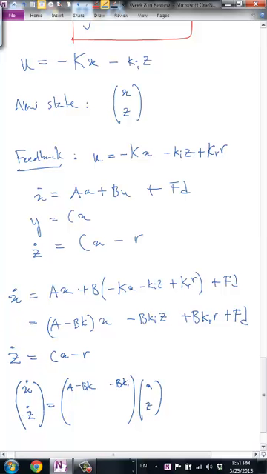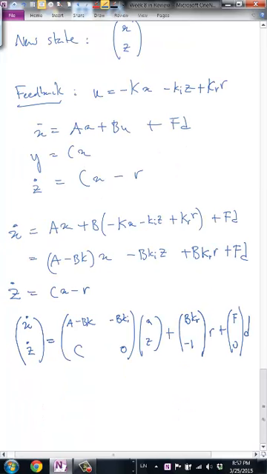And then what's z dot? It's equal to C times x plus 0 times z. And then what else do we have? We've got BKR and minus 1 times r, plus F and 0 times d.